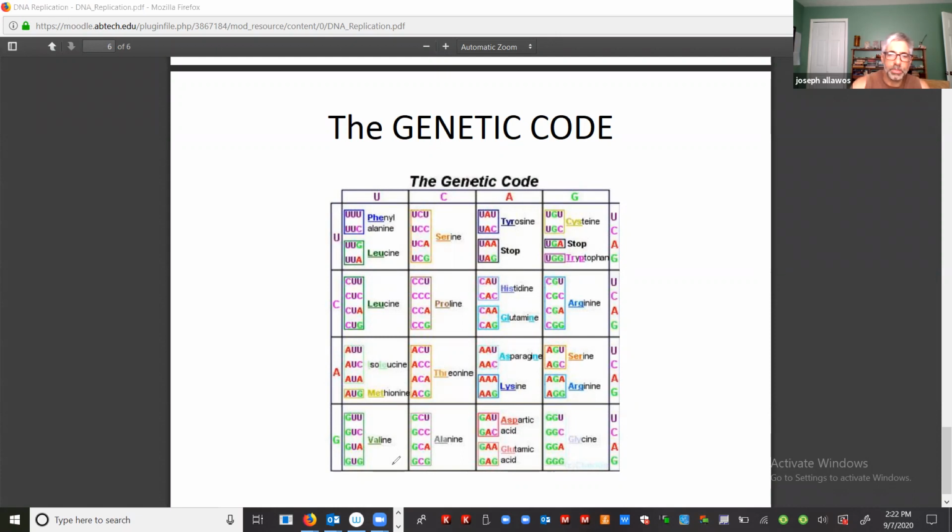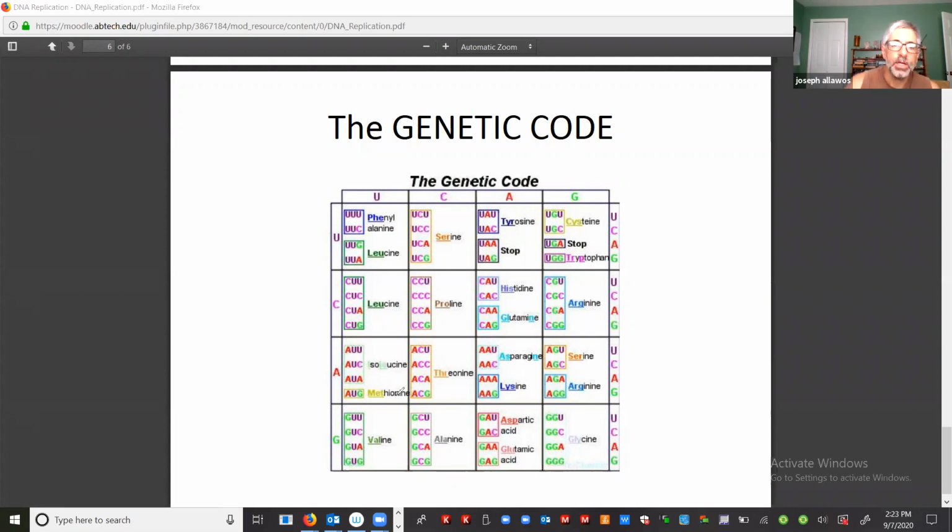Our sequence was AUG, so the first letter A means it's somewhere in here. The second letter U narrows it down to this area, and then G comes across here, and you can see this particular amino acid is called methionine, abbreviated MET.